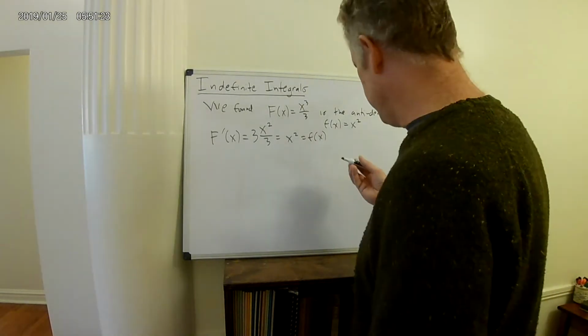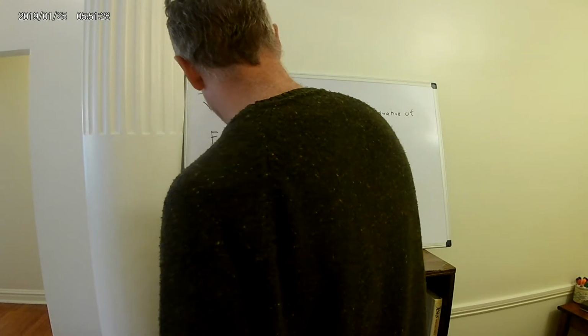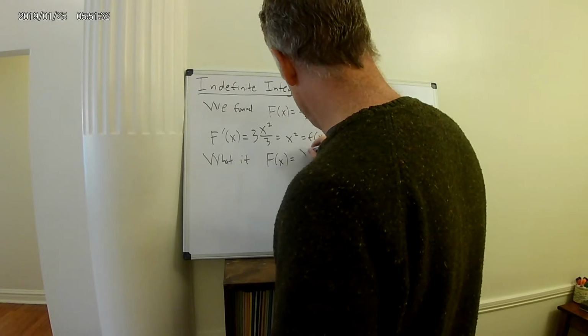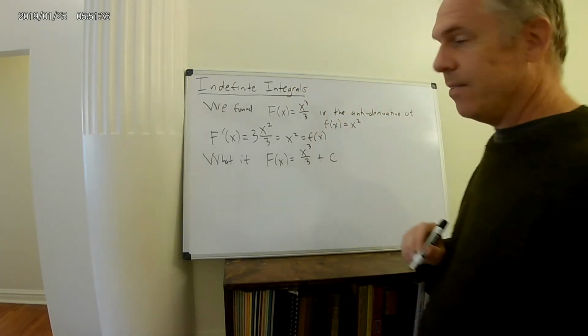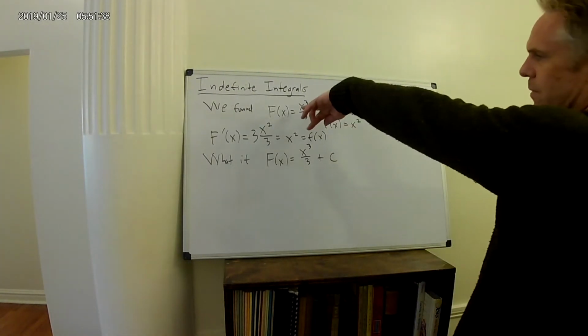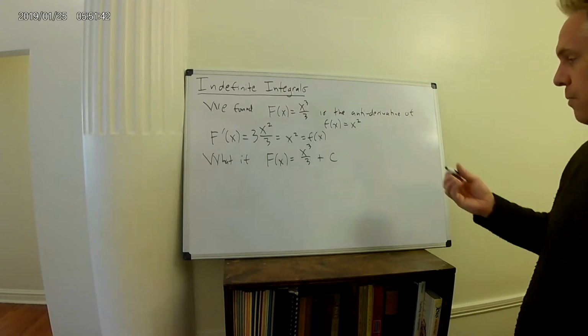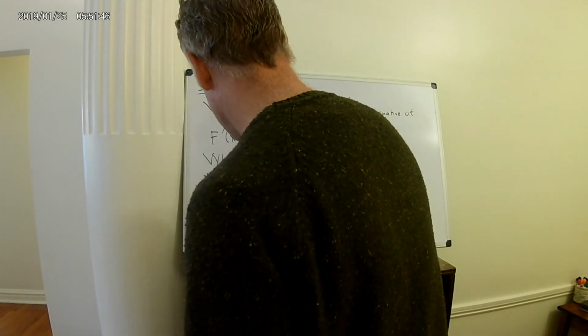Here's a point though, what if capital F of x was equal to x cubed over 3 plus some constant c? What if instead of being x cubed over 3, it was x cubed over 3 plus some constant c? Let's take the derivative of capital F of x.